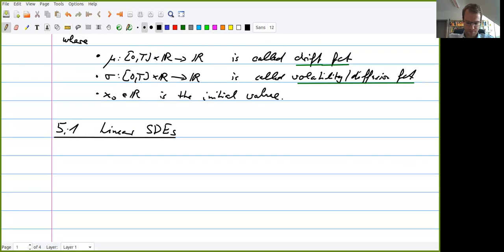Let me start with some examples before coming to the general theory. Example 5.1. So these are two linear stochastic differential equations which you might see. The first one is the dynamics.